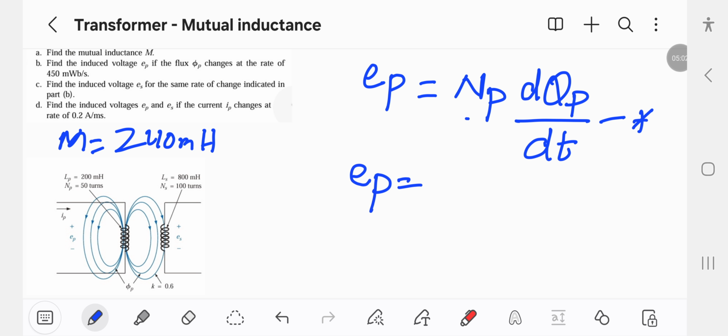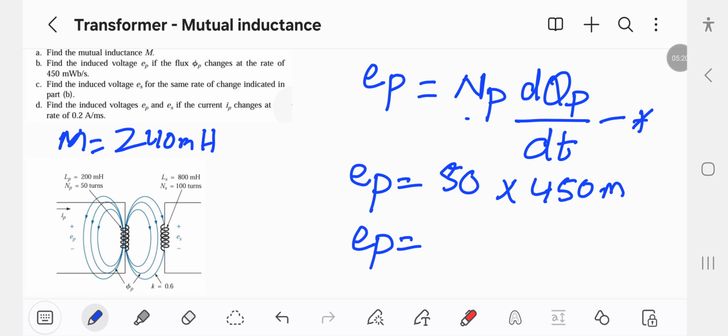Now if we put all the values in this equation, what happened? So here turn is 50, and 450 milliweber per second. Now if we solve this, it gives us 22.5 volt.